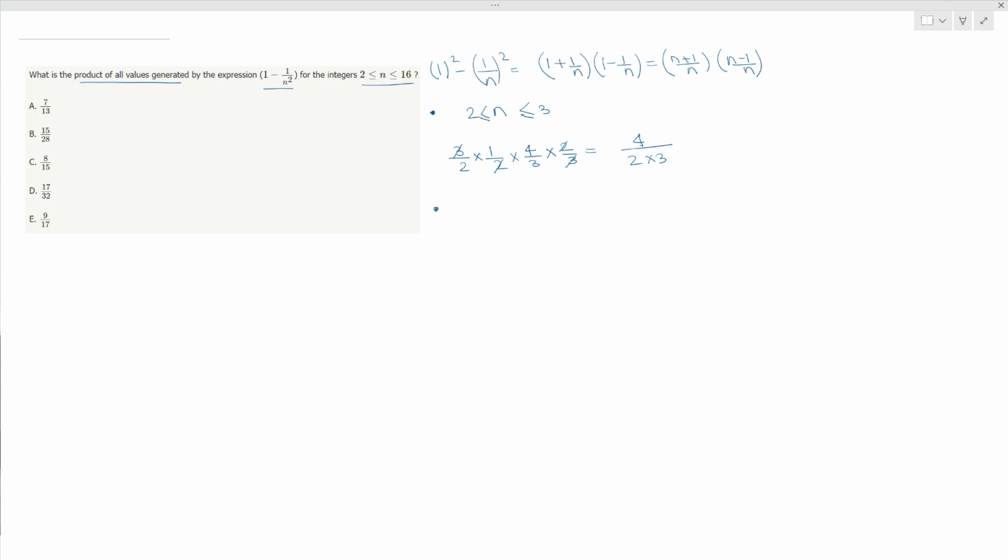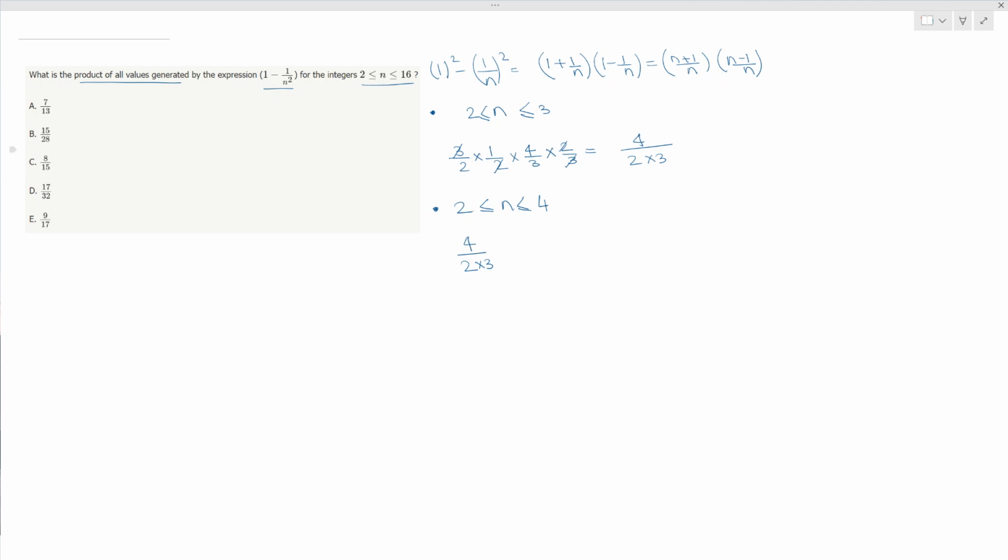Now let's extend this range that we're looking at. What if n is now between 2 and 4? So we are adding another value to the range. Till 2 and 3, the product would be what we have found here, so we can directly write 4 by 2 into 3.